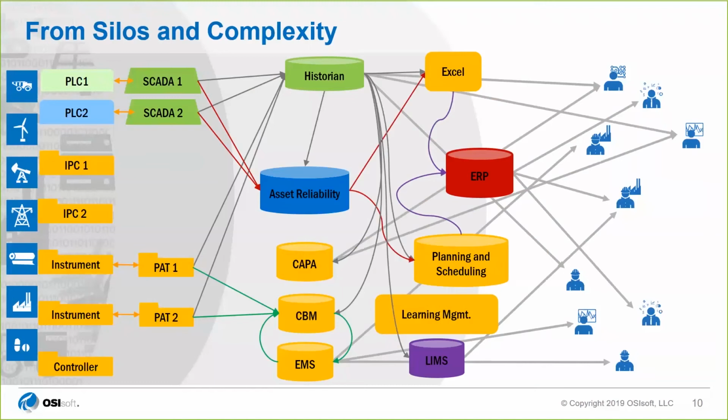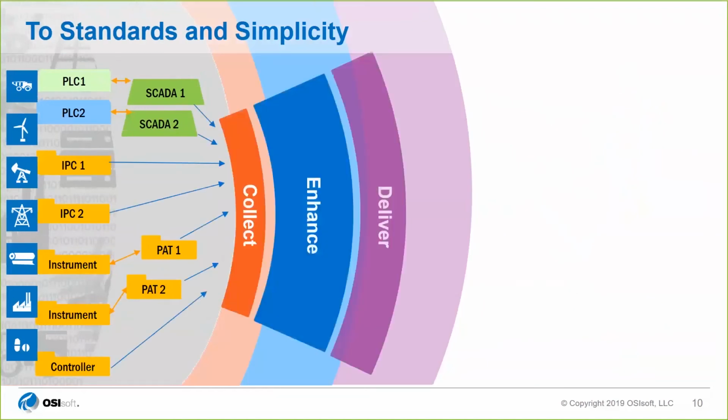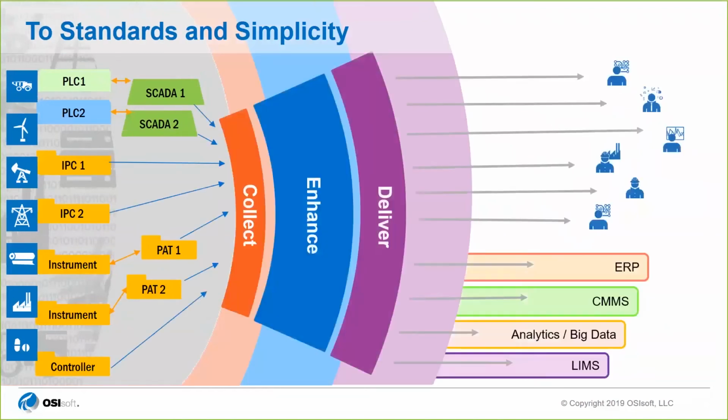What the Pi server does is make it a whole lot easier. We have that one server, we install the interfaces and connections that we need to collect that data, and then we're able to enhance it and deliver it all in one place, so that people can use whatever tool they need to build the reports the way they like them, the way they need the information presented to them.